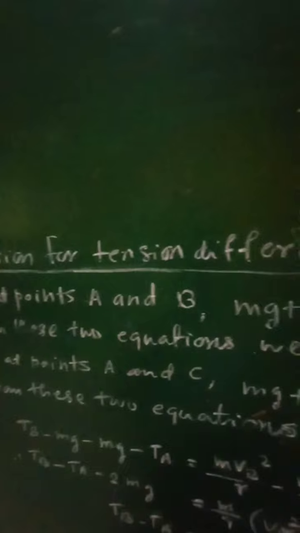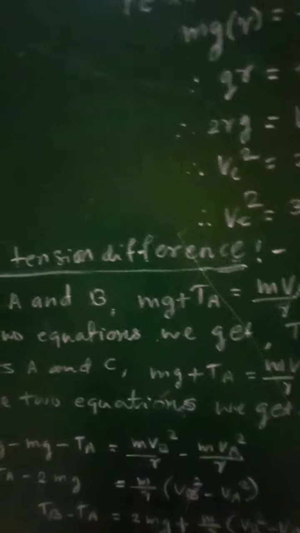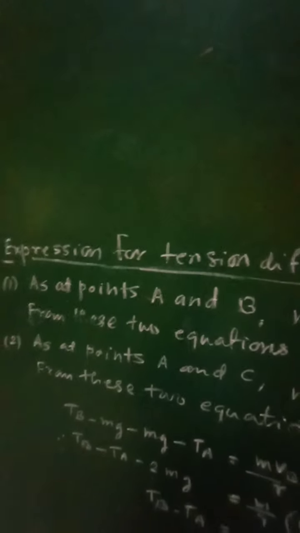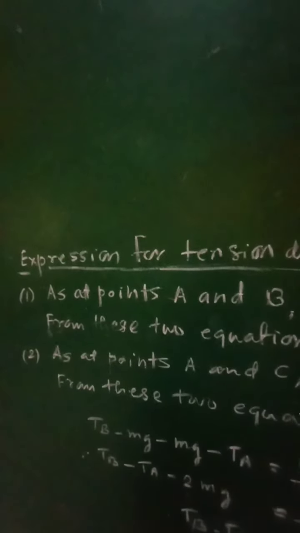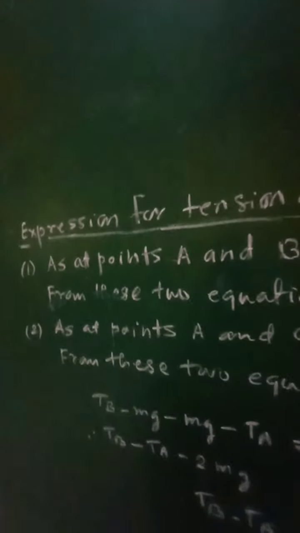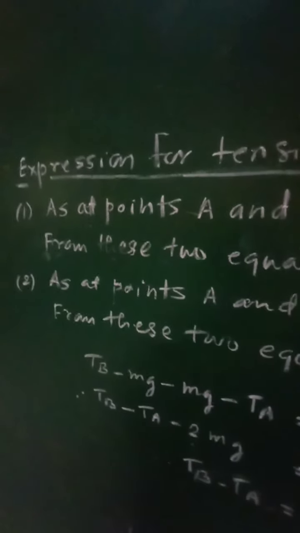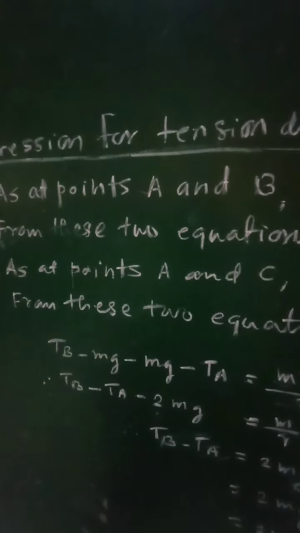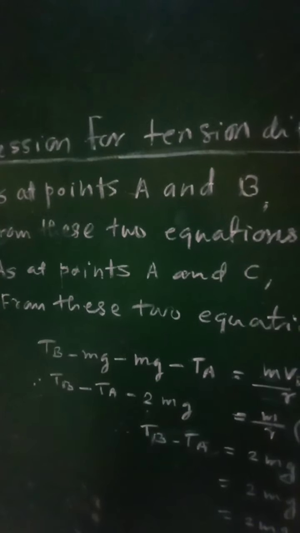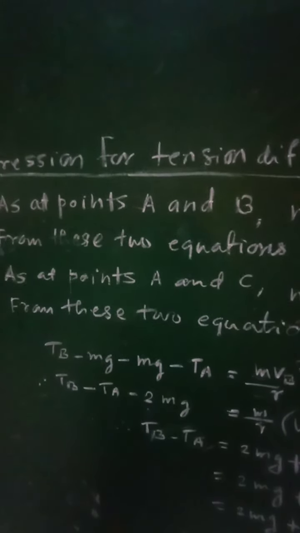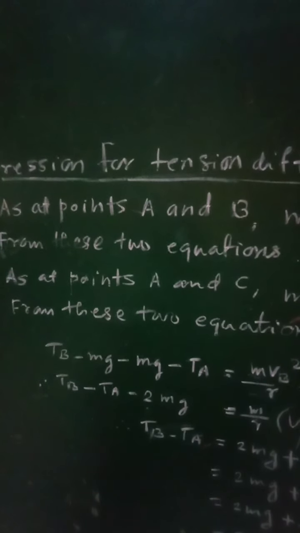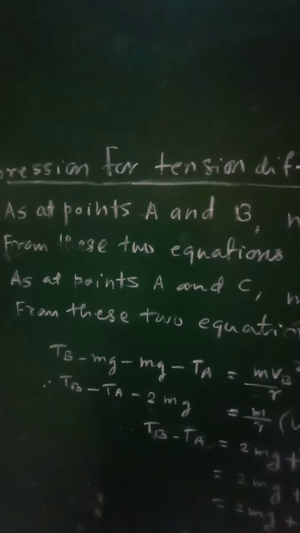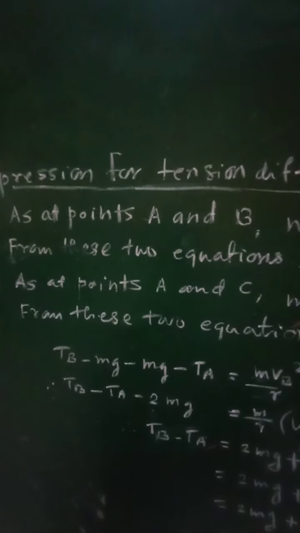Now let us consider the expression for tension difference. If TA, TB and TC represent the tensions at points A, B and C respectively, we have to obtain the expressions for the tension differences, that is TB minus TA as well as TC minus TA.